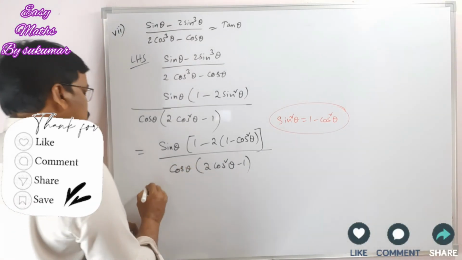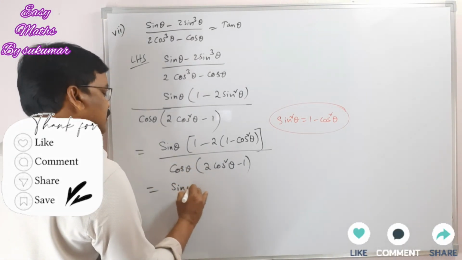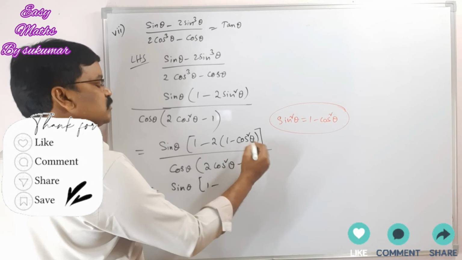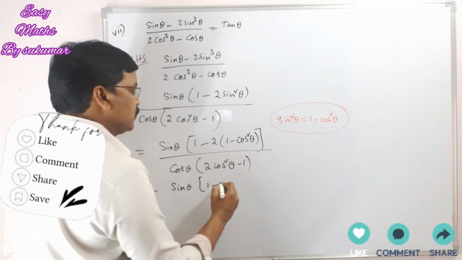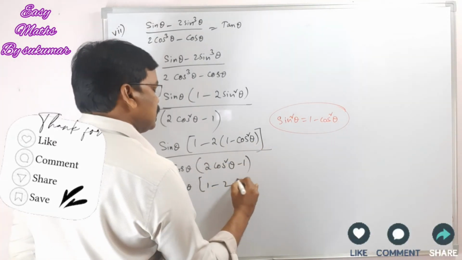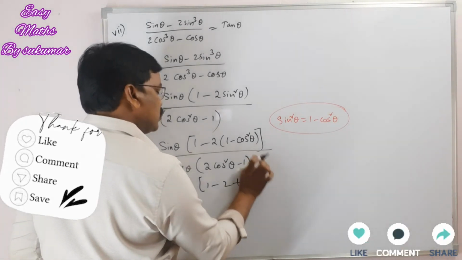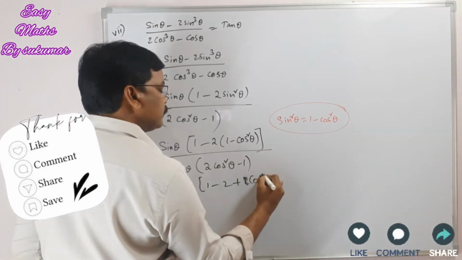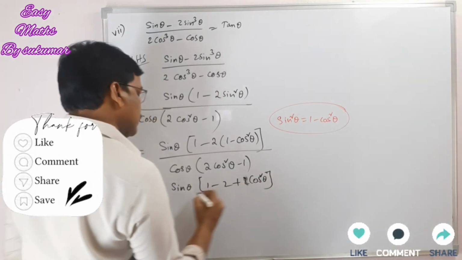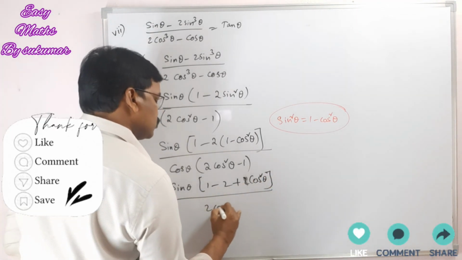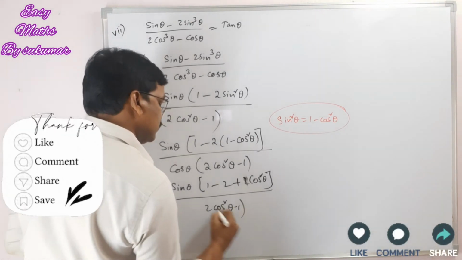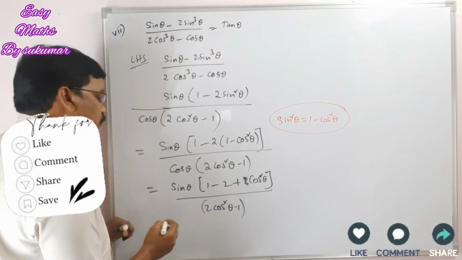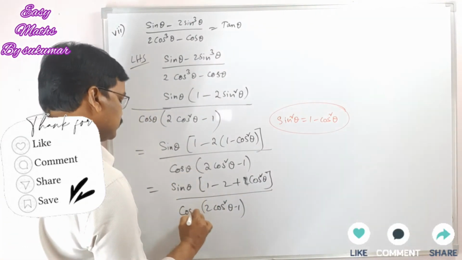Okay. Now this is equal to sin theta times 1 minus, just multiply with minus 2 now here. Minus into minus is plus. 2 cos square theta. 2 into 1, 2 cos square theta. By 2 cos square theta minus 1, right. So it is equal to, here cos theta is also there.